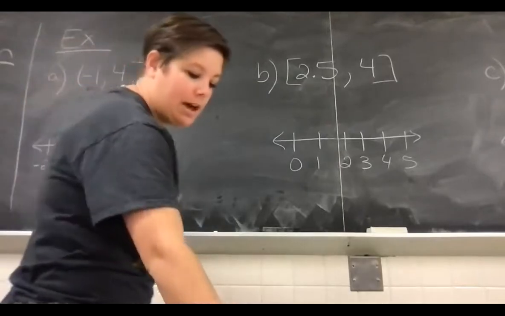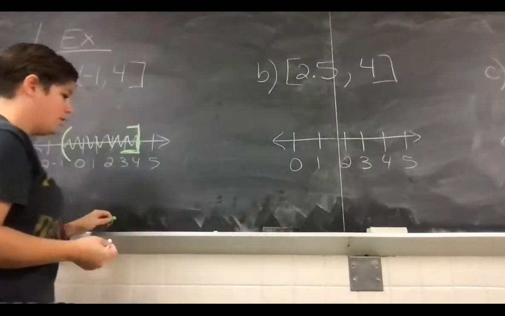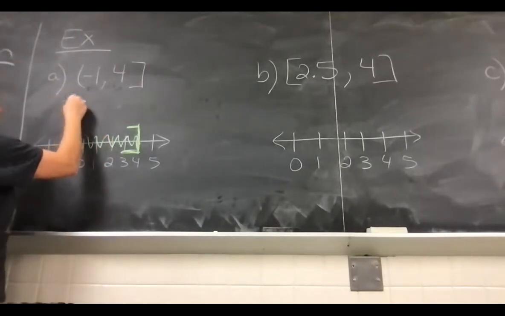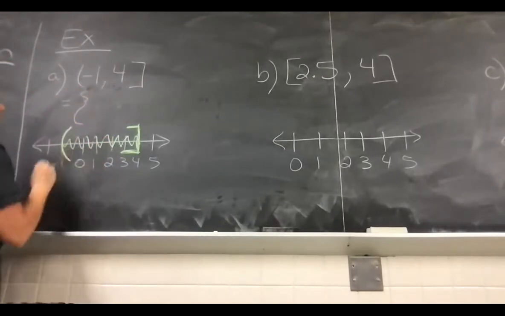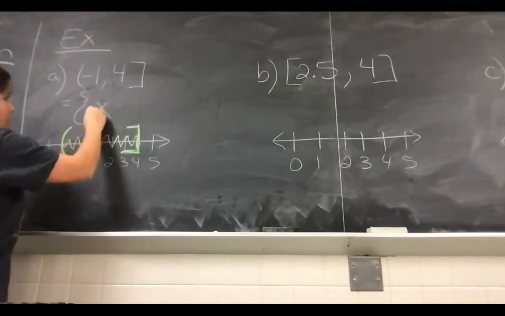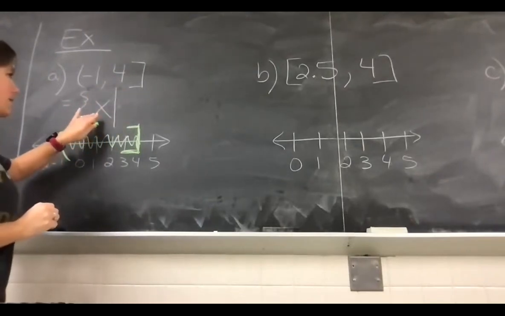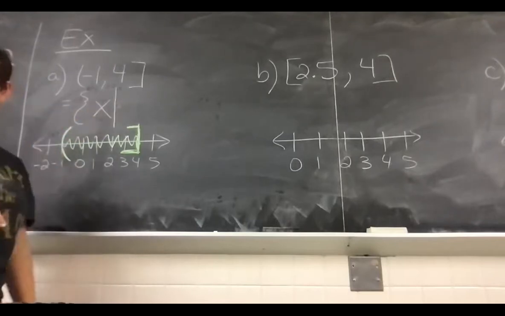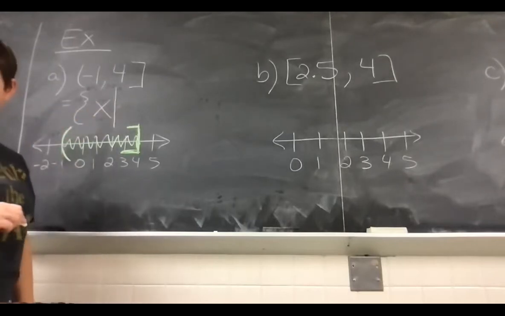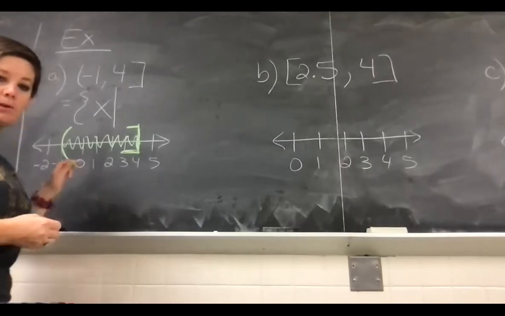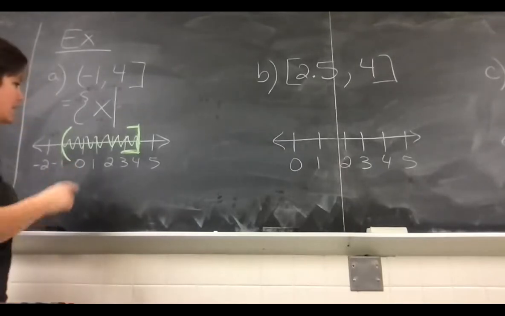Now, how do we write that as a set builder? Well, set builder notation is always written in curly brackets, and then you have an X with a vertical bar. That says X such that. Okay, so X such that what? Well, what is the smallest value represented on our number line? It's -1.